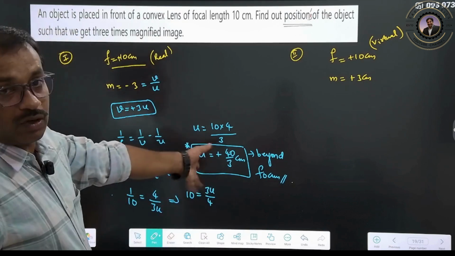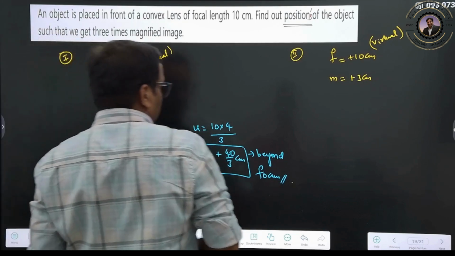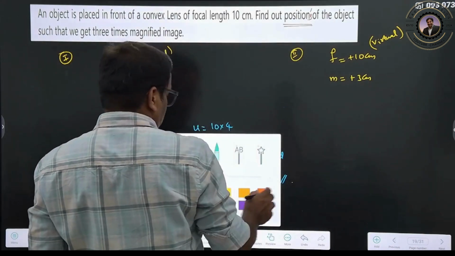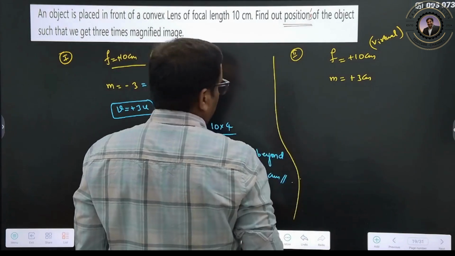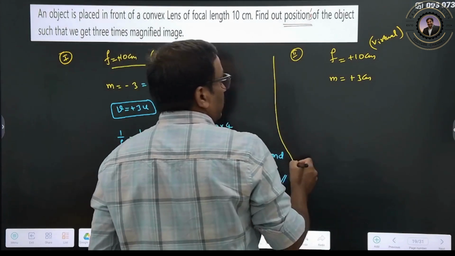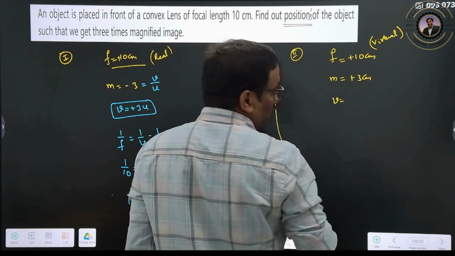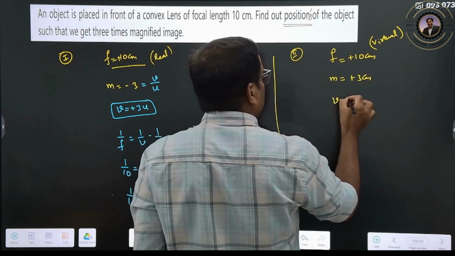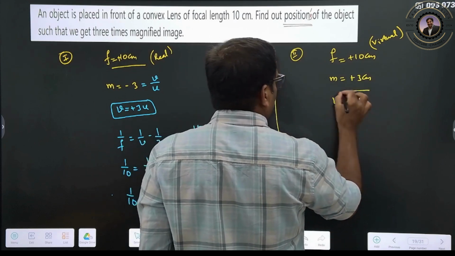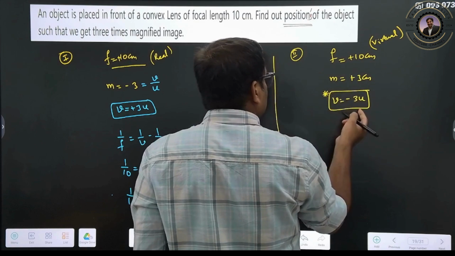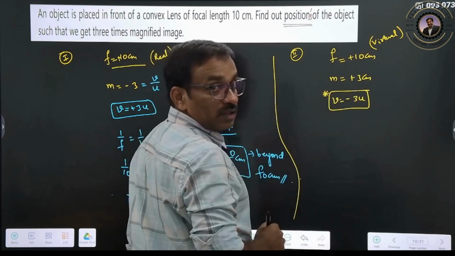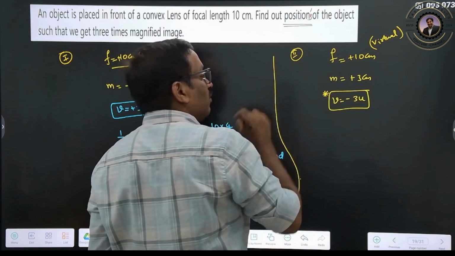We already included the sign conventions here, clear. Now for magnification, here V is equal to minus 3U. This minus indicates that it is on the same side, clear. So this is for the virtual image now.